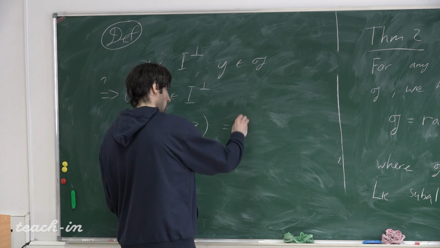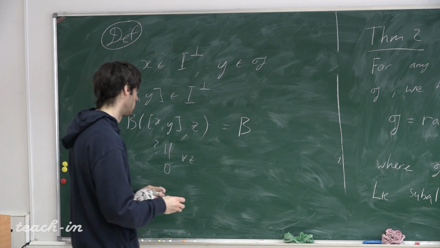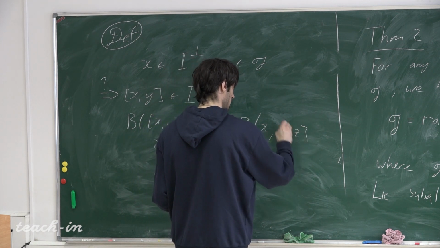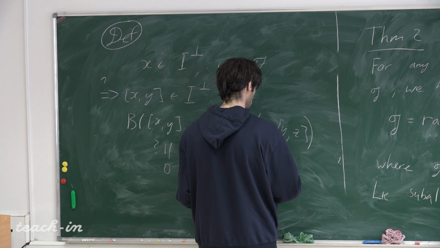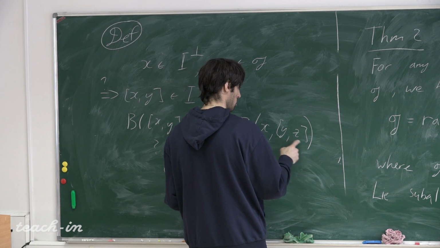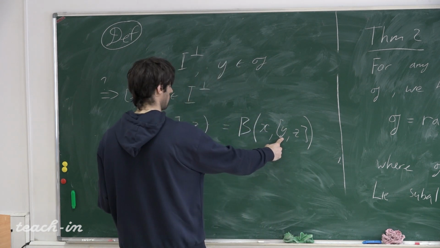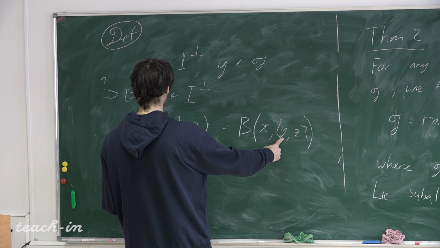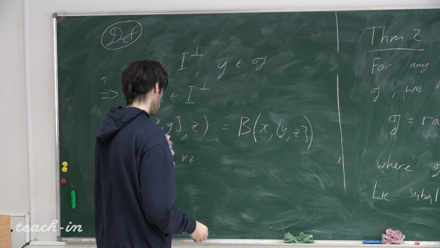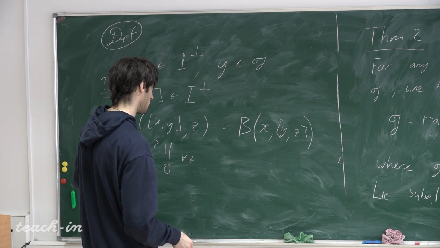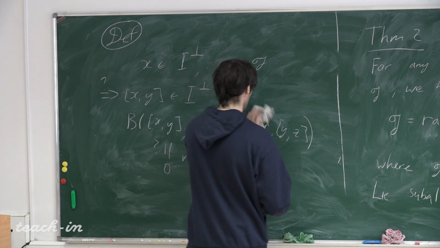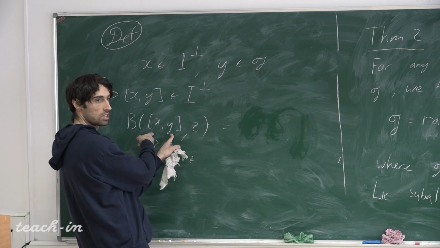Well, I use invariance of the form, and then it will be X, Y, Z. And since Y is from where? From G. I should rather maybe use the other way, right? So let me actually first interchange this.